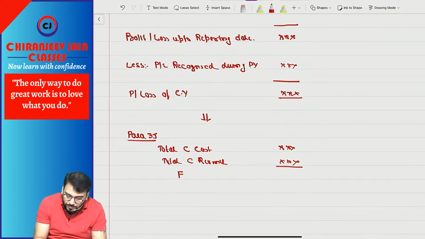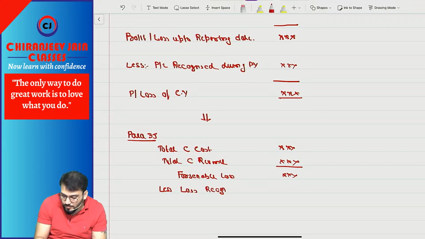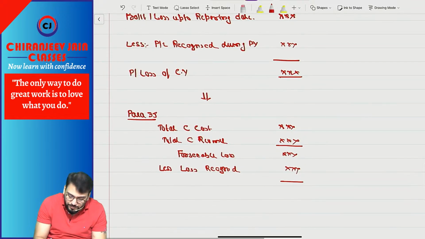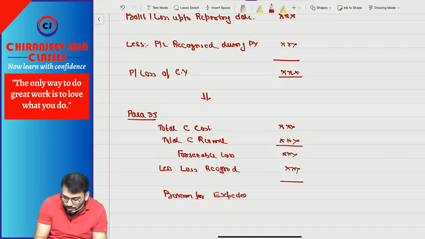So we call it the total foreseeable loss. From this we deduct the loss already recognized, and for the balance we will create a provision for expected loss. Understood this point?